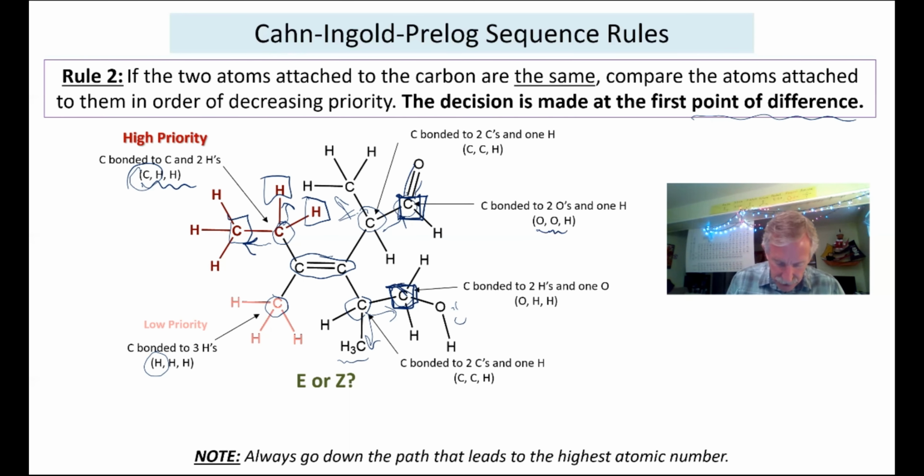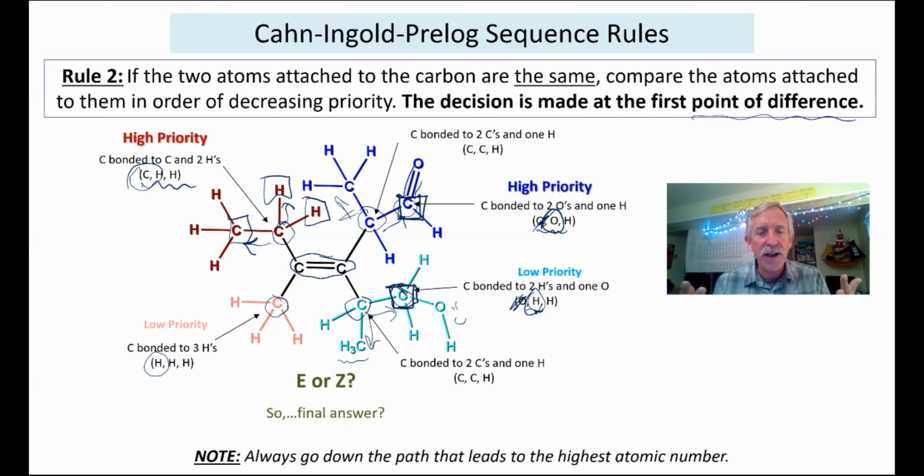So again, I write them in order so I can do point of difference. These 2 cancel each other out, oxygen, oxygen. But then this one is the next highest atomic number on the top, and the next is an H below. So this one is going to be a higher priority, and the bottom one's going to be lower. And now I can see that I have an alkene that has 2 stereocenters because they have differences of the groups coming off.